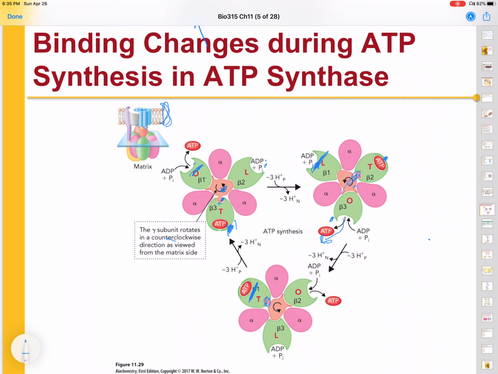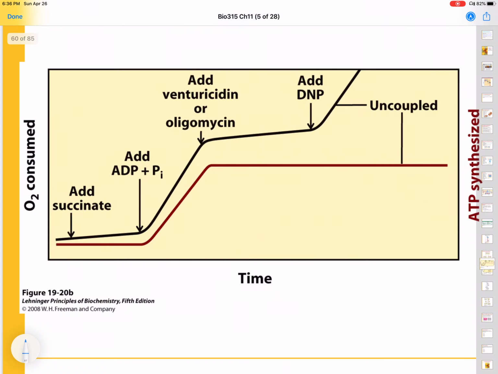This ATP is released, and then this empty space binds ADP and inorganic phosphate. Gamma moves again, and then you see here ADP gets converted to ATP, ATP gets released, and you have binding.